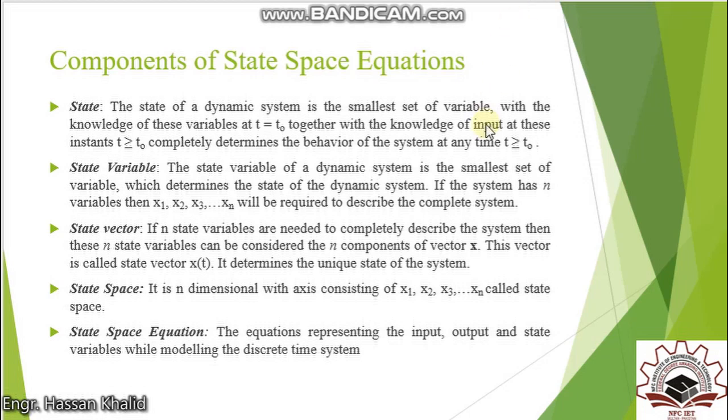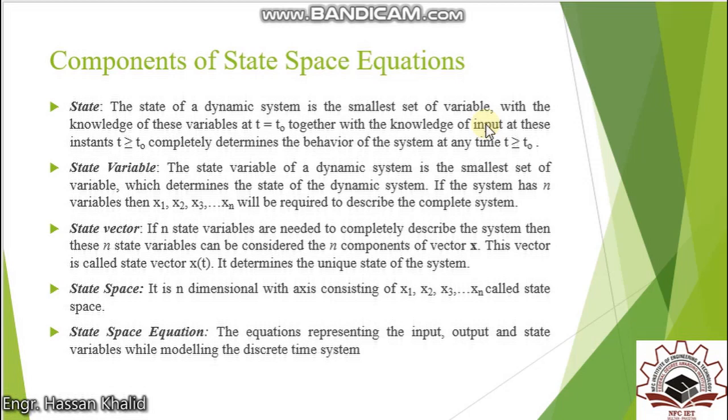Now, the state variable. The state variables of a dynamic system are the smallest set of variables which define the state of the dynamic system. If the system has n variables, then there will be n state variables, starting from x1 and ending at xn.